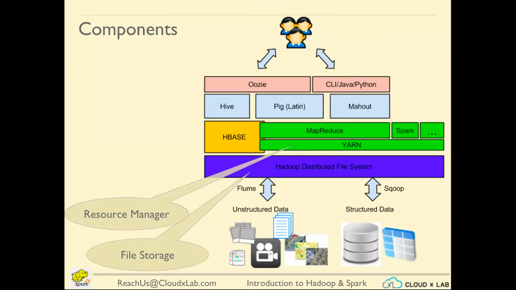Yarn is your one-stop resource manager: you ask it to do things on the cluster and it will do them. Cluster means multiple computers connected together. So Yarn will do the running of programs for you.